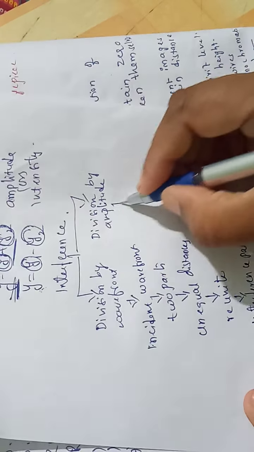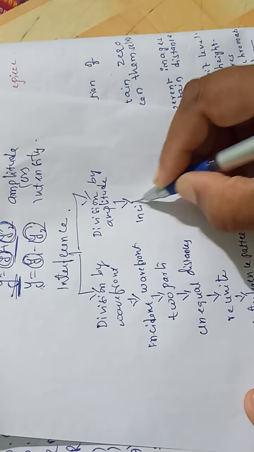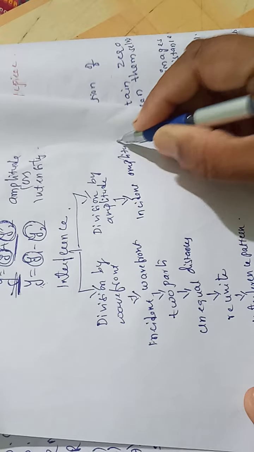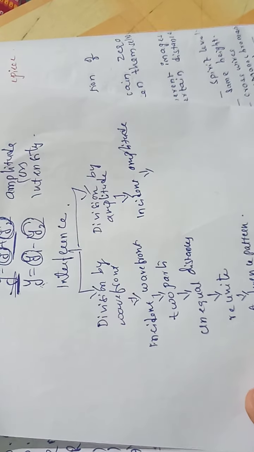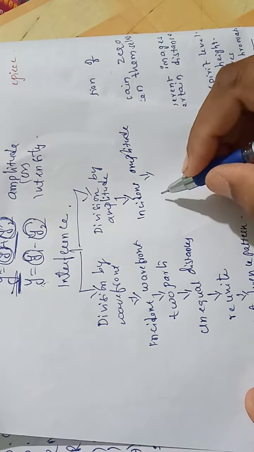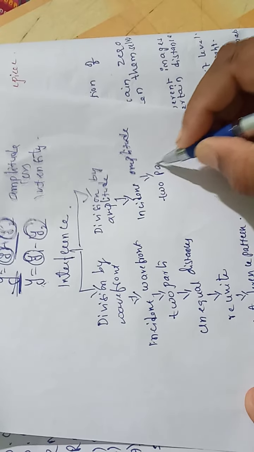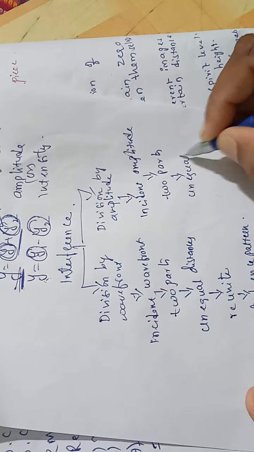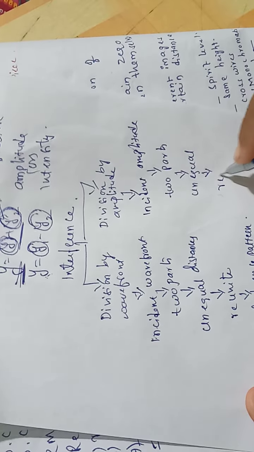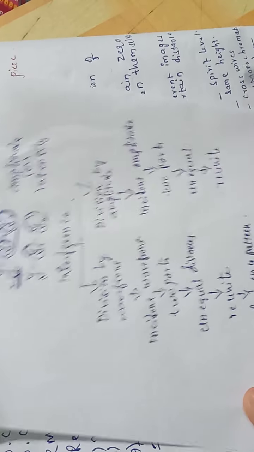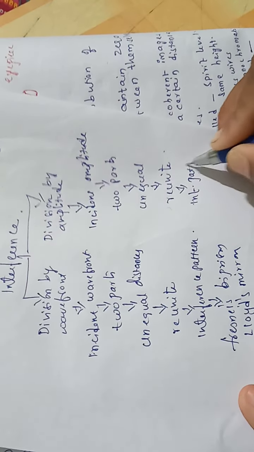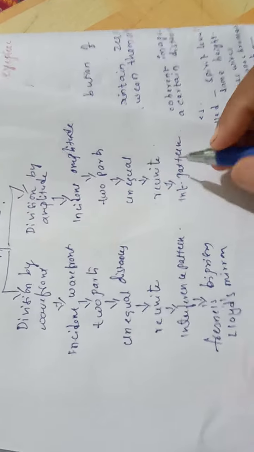Similarly, division of amplitude means the incident amplitude divides into two parts. They travel some unequal distances, again reunite with each other and produce an interference pattern.